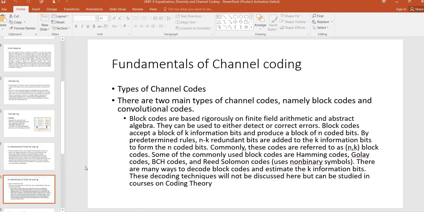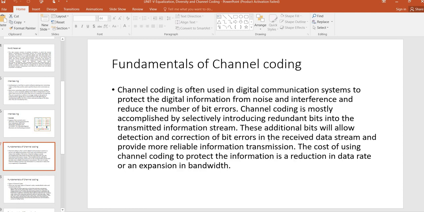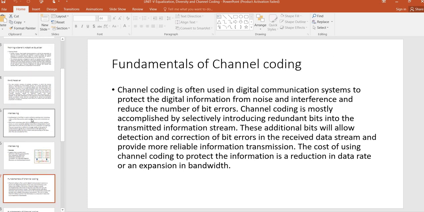Fundamentals of channel encoding means we have different types of channels for communications from the tower. Each and every channel needs some mechanisms for channel decoding and error correction. So these are the fundamentals of channel encoding.